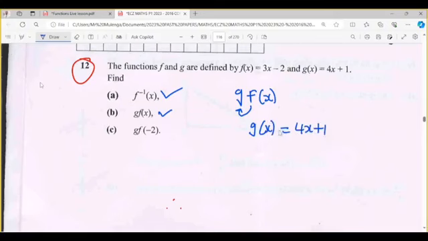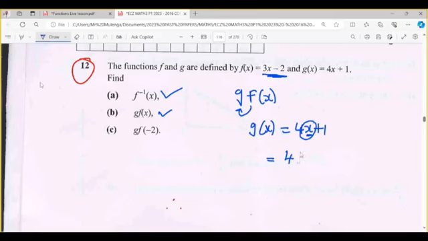So on this function of g, where you have x, you are going to put the function of f. So you write the same function, you write 4. Now here where there is x, we are going to put the function of f, and the function of f is this one, 3x minus 2.